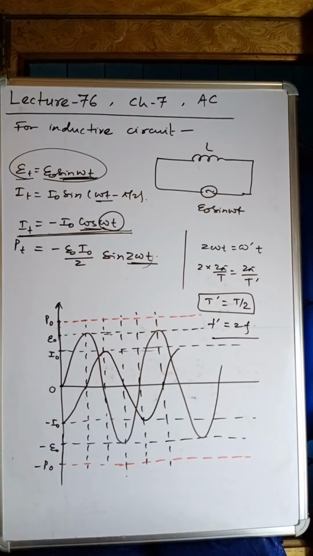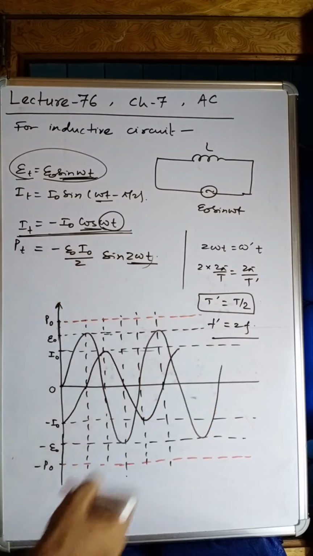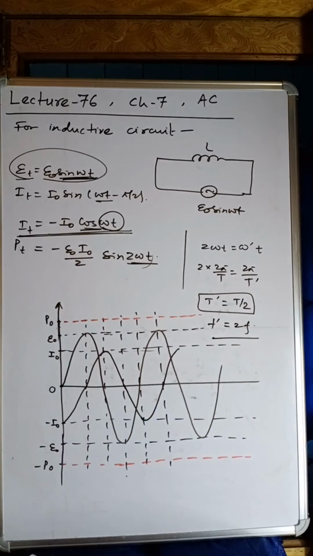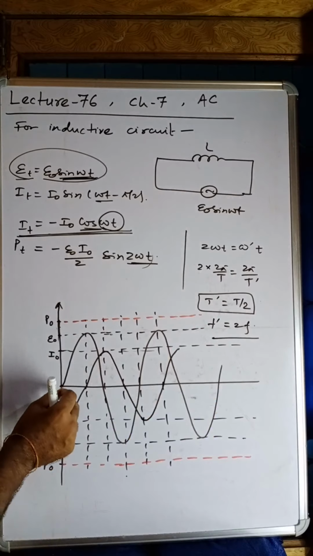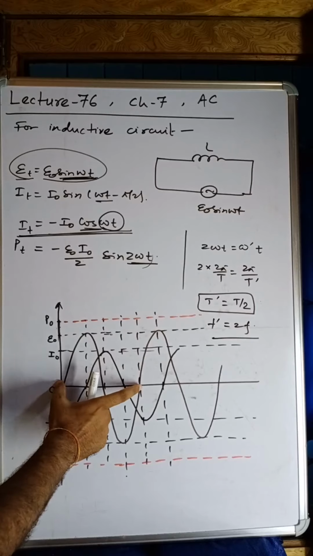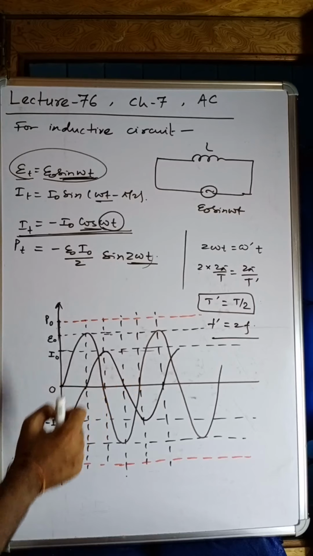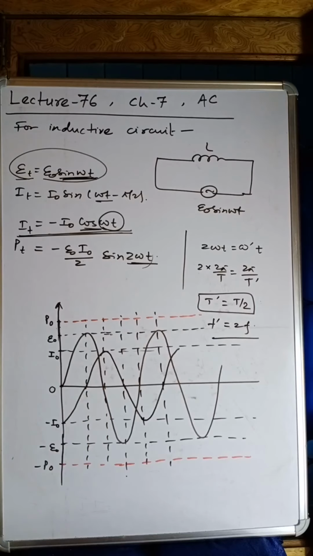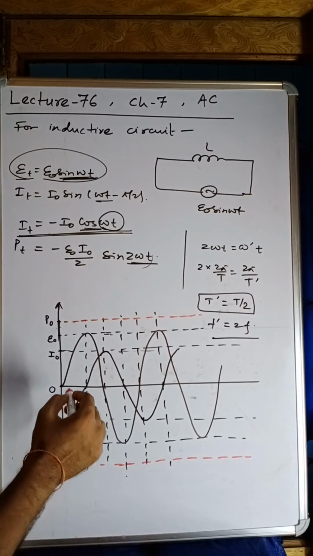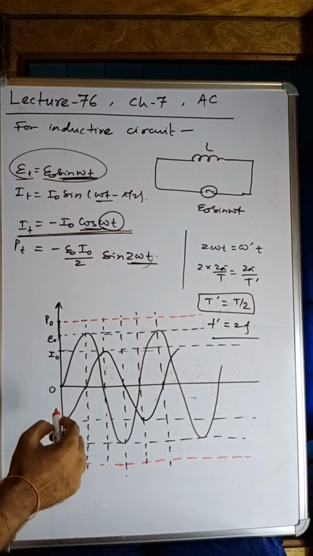Now for the power, the frequency of power should be high. It means if the voltage makes one cycle, the power will have one cycle in half cycle of the current. Am I right? So this is the graph of power.